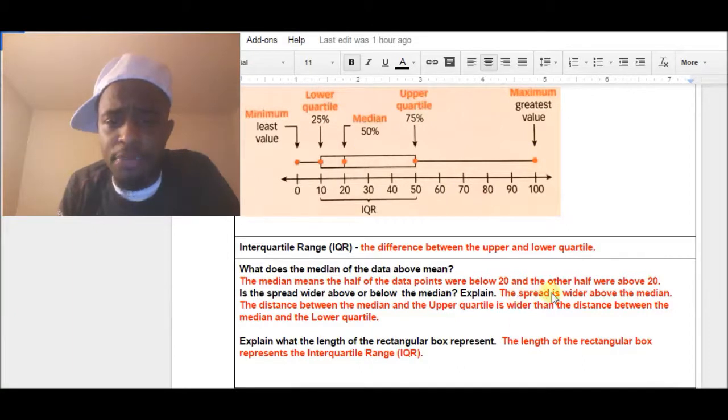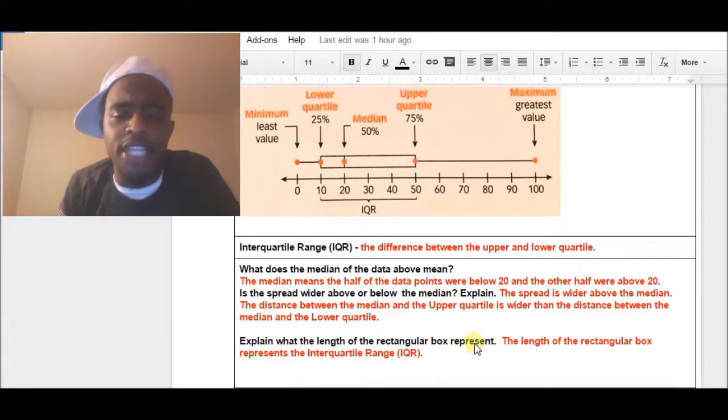So I will say the spread is wider above the median. The distance between the median and the upper quartile is wider than the distance between the median and the lower quartile. So we could say that our data is clustered down here, all right? It's more spread out up here.